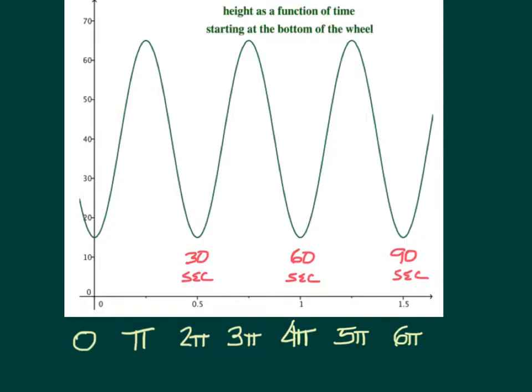Remember what I just showed you on the Ferris wheel on the previous screen. If we start off at 15 feet, right here, the starting position, and we go up to the maximum and then back down to the minimum, that means we've made 1 complete revolution. That is 30 seconds.